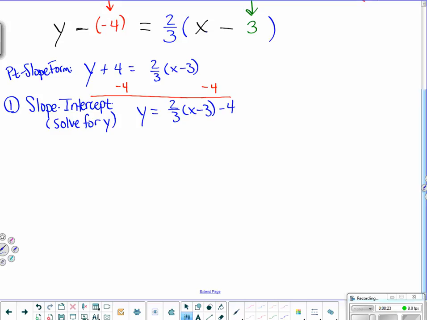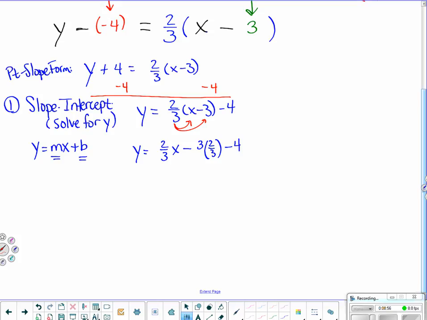If I want slope-intercept form, I really want y equals mx plus b, just like we were working with on the previous page. If I want that form, then I need a number times x and then just another number at the end. I still see multiplication. So let's distribute through here. So we get y equals 2/3 x minus 3 times 2/3 minus 4.